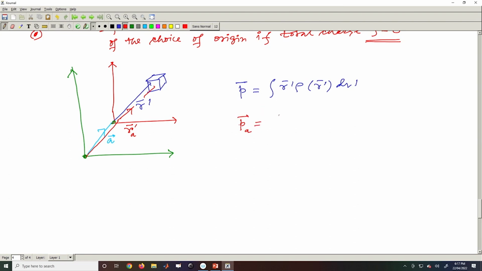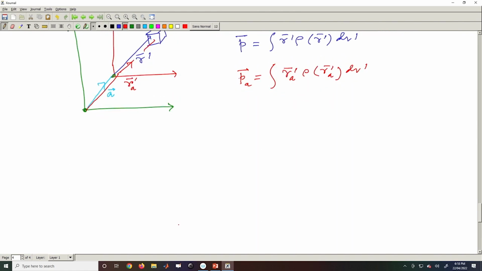should be written as P A is equal to integration of, in place of r prime I should now write r prime A, because this is the location with this new coordinate, and then rho r prime A dv prime. This is the new value with new coordinates.